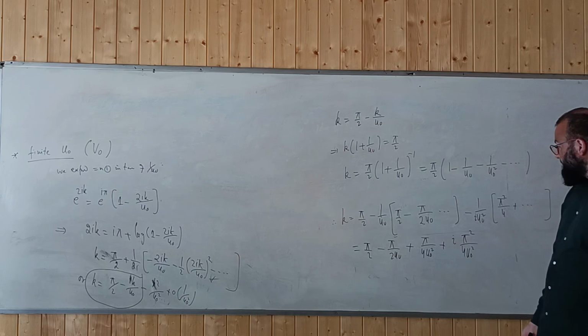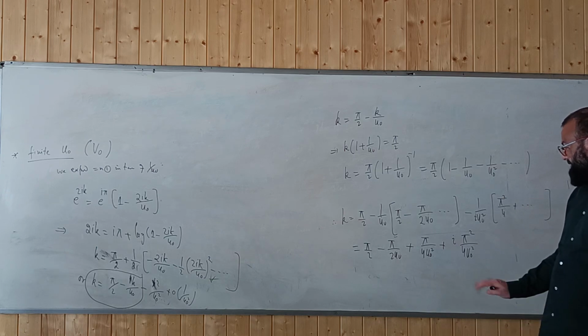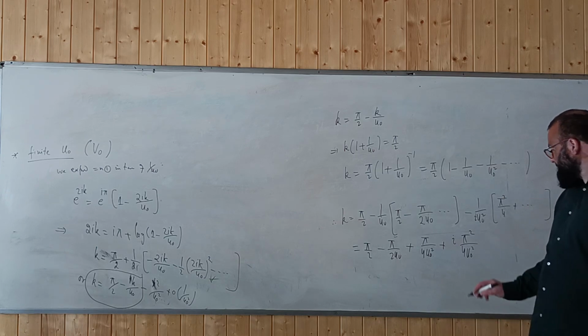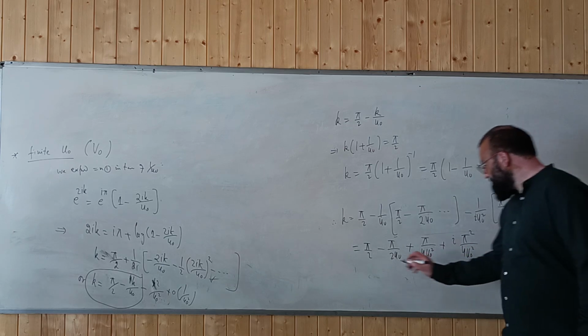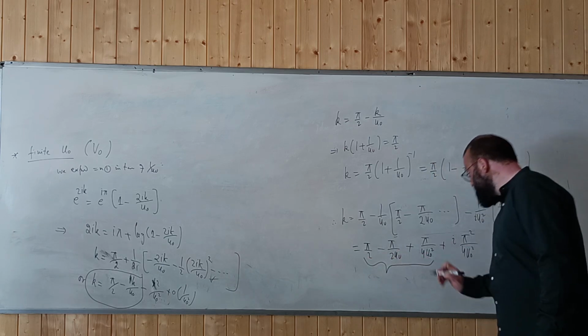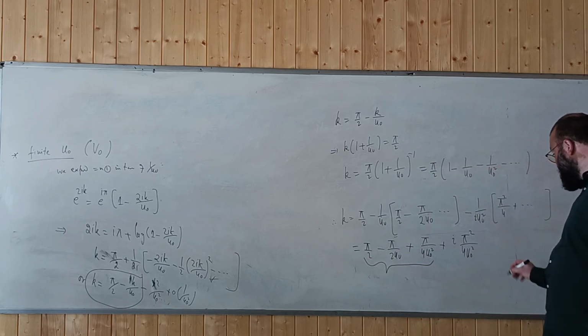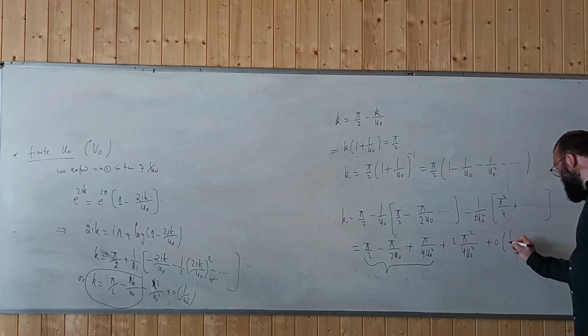So I think there is a minus change somewhere. You have to check it. Somewhere we are having a minus problem. So ultimately, this is your real part of the objective, plus order of 1 by u naught cube.